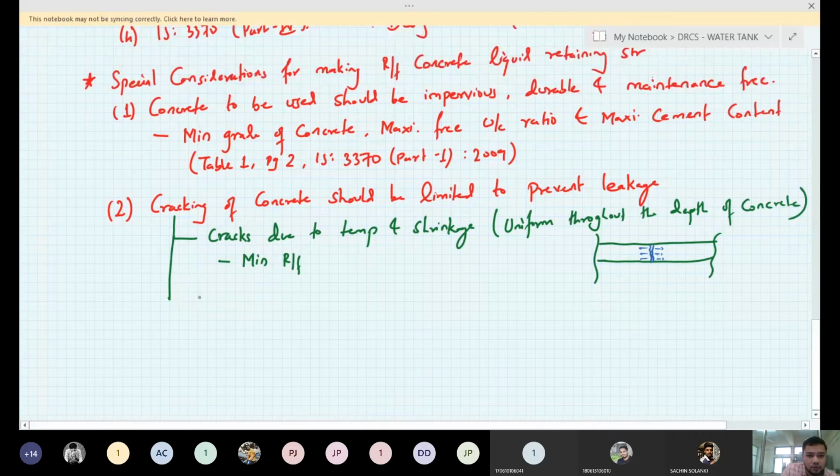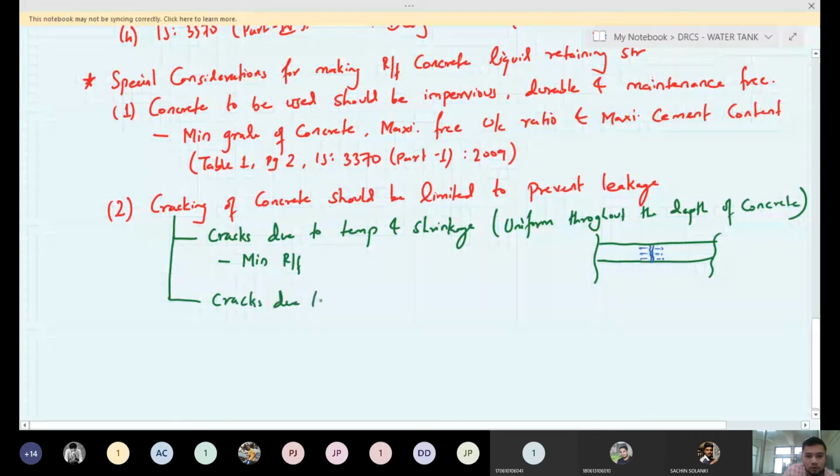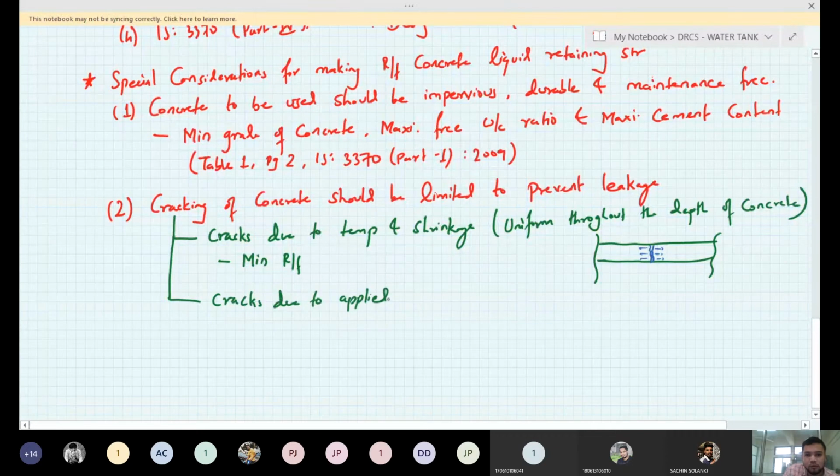Then we can have cracks due to applied loads. Means due to the applied load, the cracks may develop on the concrete. So we have to restrict these cracks, and these cracks are wider at the surface.